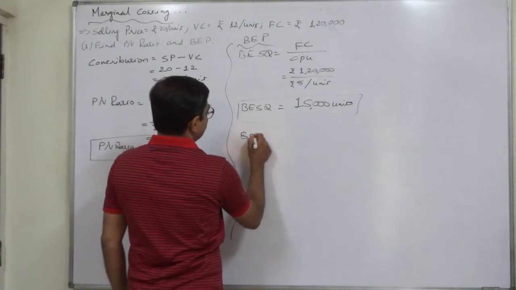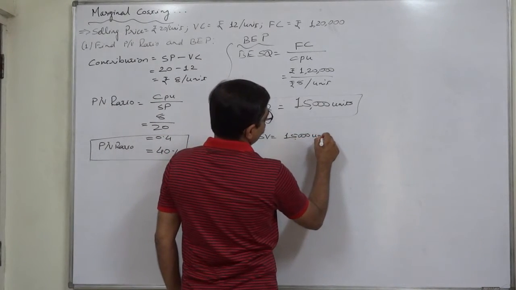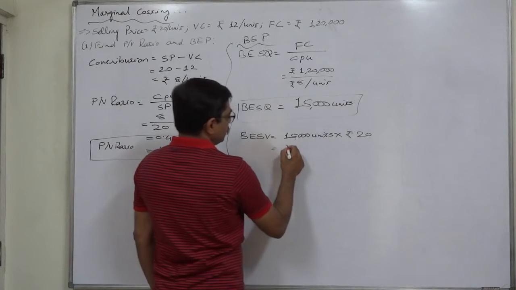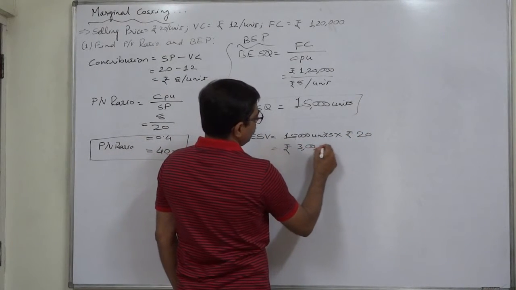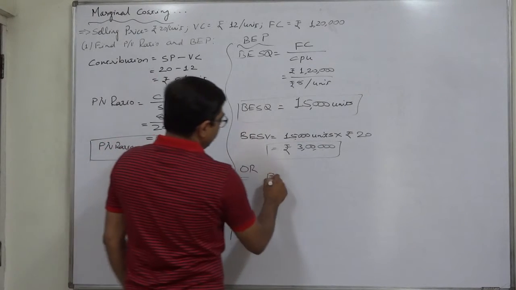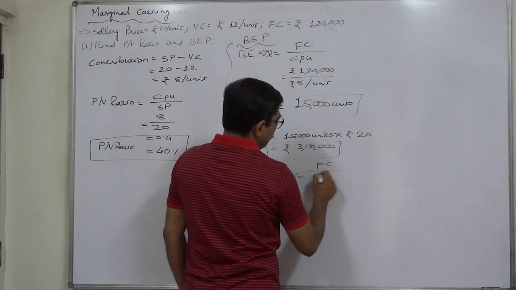Break-even sales value will be 15,000 units into rupees 20, the selling price. So it will be rupees 3 lakh or 300,000. But in another way also, we can calculate the break-even sales value by the formula, total fixed cost divided by PV ratio.